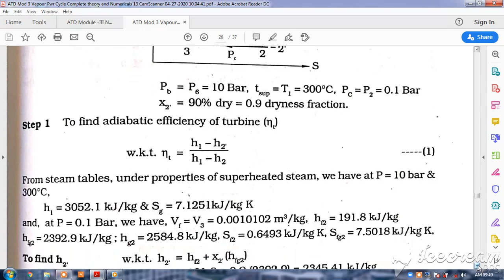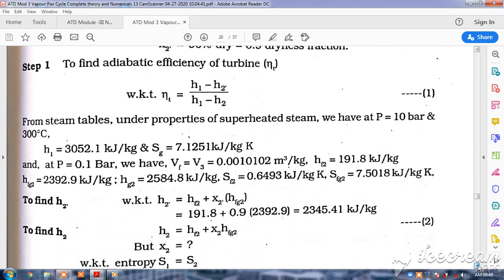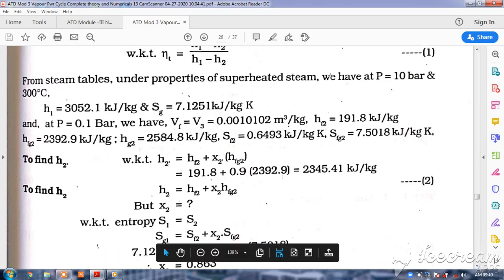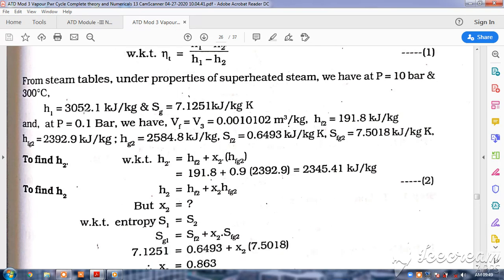Now he has given the inlet condition, 10 bar and 300 degrees centigrade. As you know, it is in superheated state, so you have to only take the enthalpy of the gas, that is 3052, and the entropy of the gas, that is 7.1.